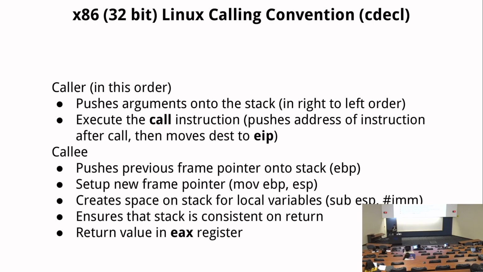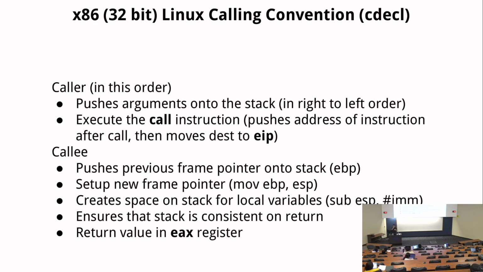In this convention, the caller, which is a function, will push arguments onto the stack in right to left order. Then it will execute the call instruction. After that, we get into the callee function. Then the callee will push the previous frame pointer, which is EBP, onto the stack. This is the part we just looked at.